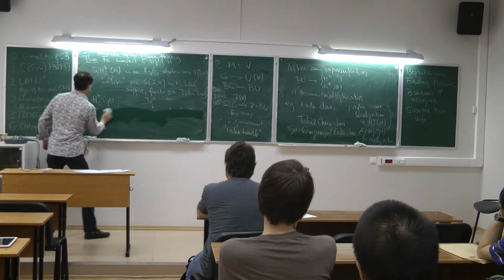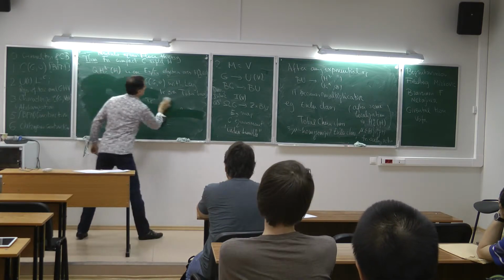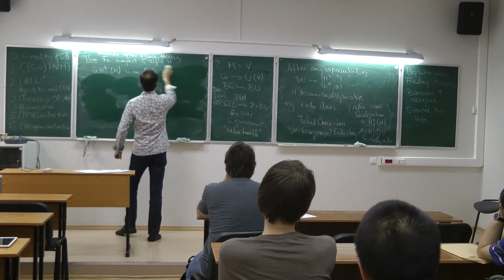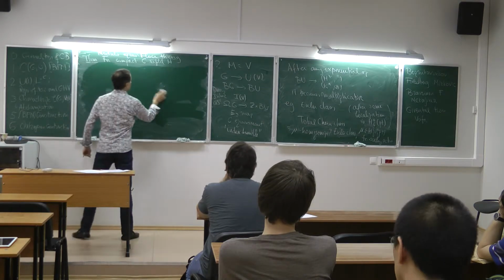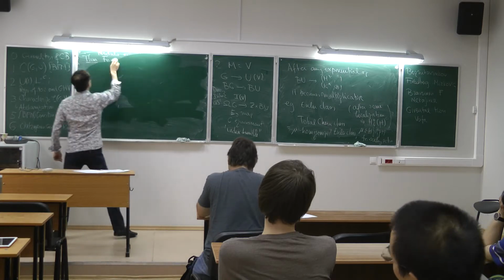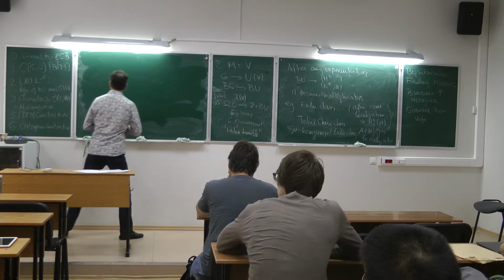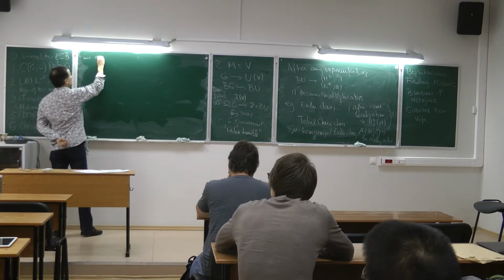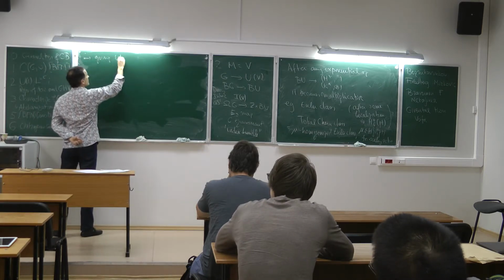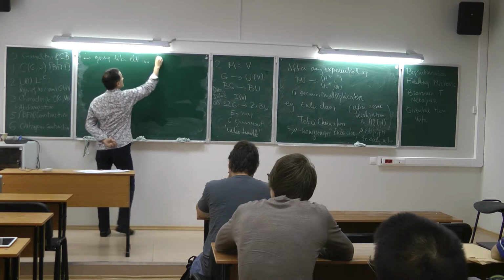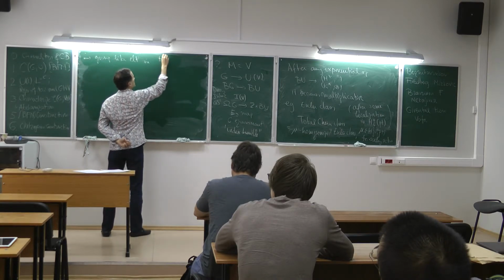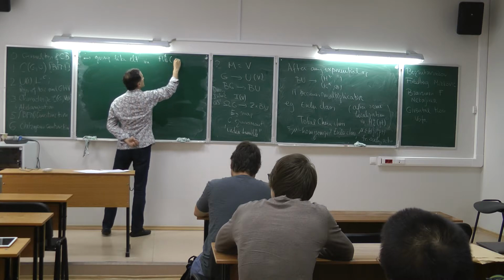It's a multiplicative element in K star G of omega G, so it's a group-like element in this cohomology theory.